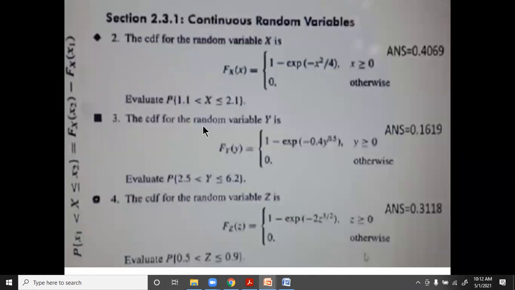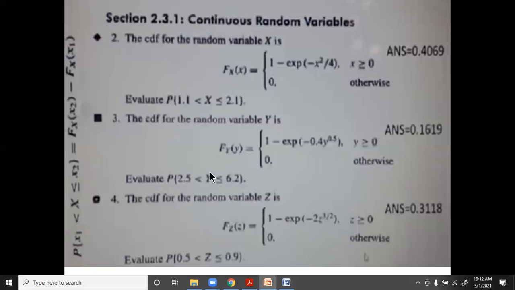The second numerical is with F(y) equal to this. So this will become F(y) with y1 less than y less than y2, and this will be F(y2) minus F(y1).